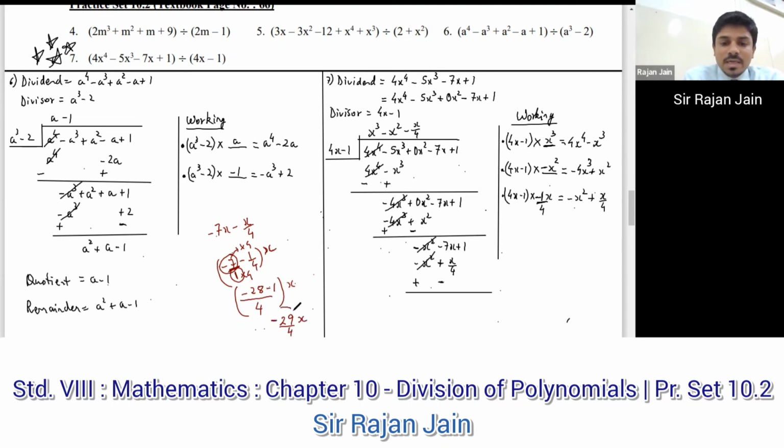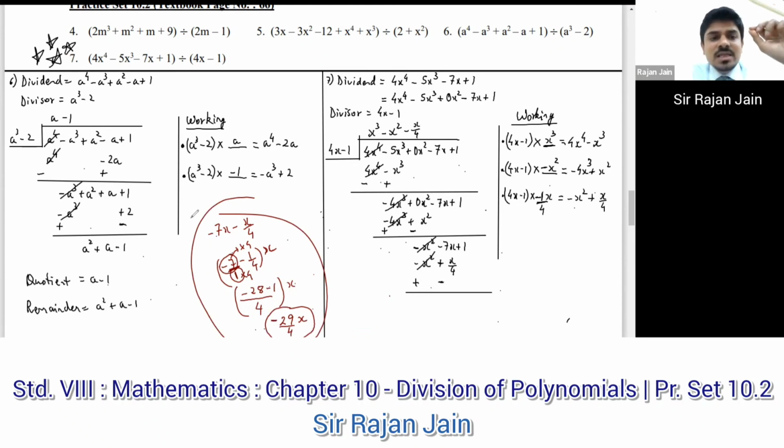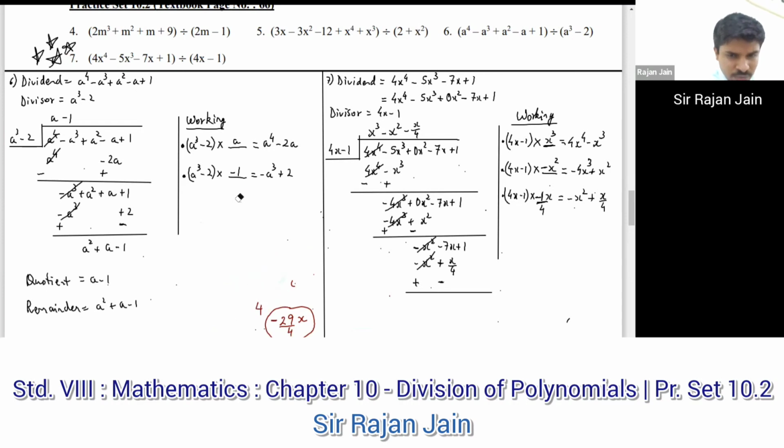So this answer I will write over here, and what I did here should go in your rough work. You may go back and see this entire calculation again, and keep seeing it till you understand. Okay, I'm removing this. My final answer was minus 29x by 4.